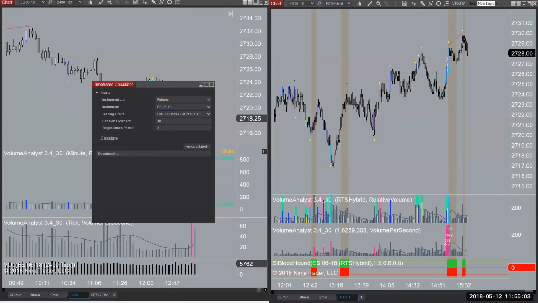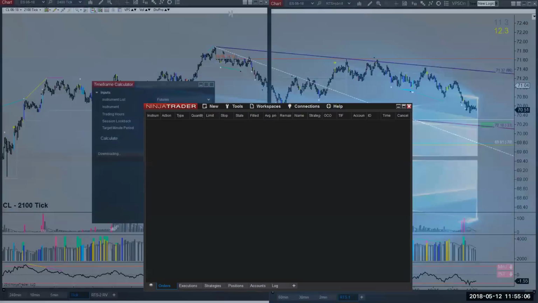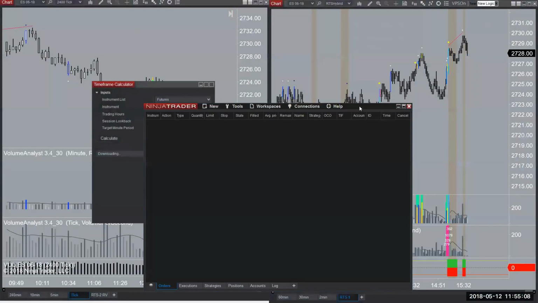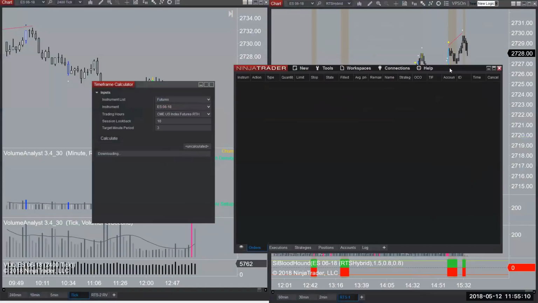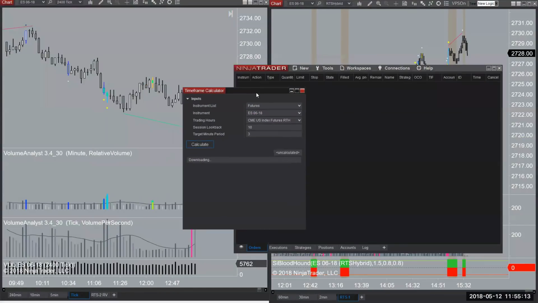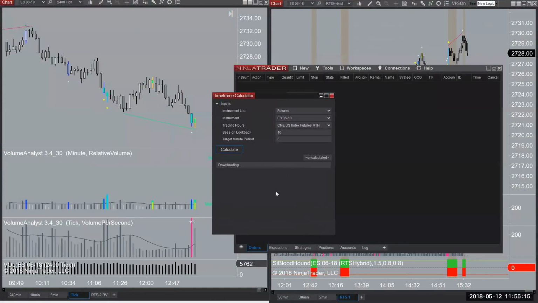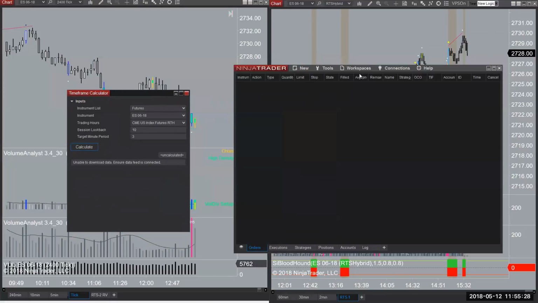If I'm connected to data, which I am not, but I think it should already have enough data in there. It takes a minute because it has to filter through. It's corrupted. Okay, let me connect to data. It's usually pretty quick. And then we'll download it again.